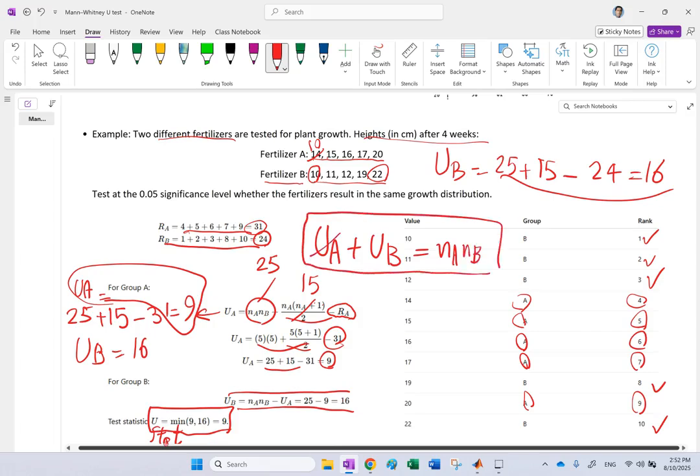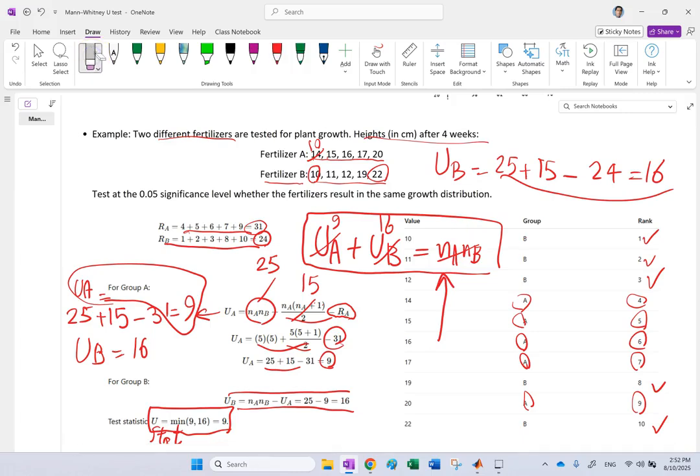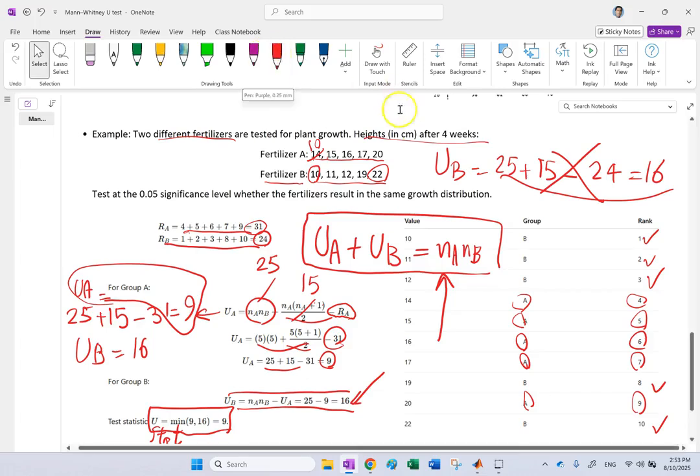So if one of them turns out to be 9, the sum in this case is 25, so the other one has to be 16. This formula always applies: the sum of the two U's for the two groups is equal to the product of the number of data in each. So here, instead of doing this, we did this shortcut and we found it. My U stat is 9 in this case.